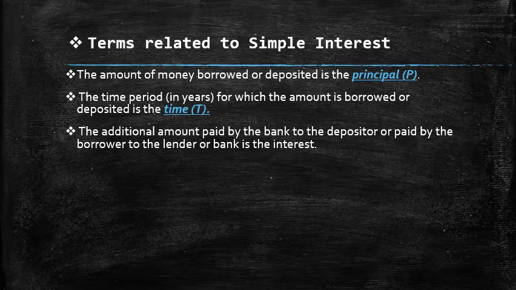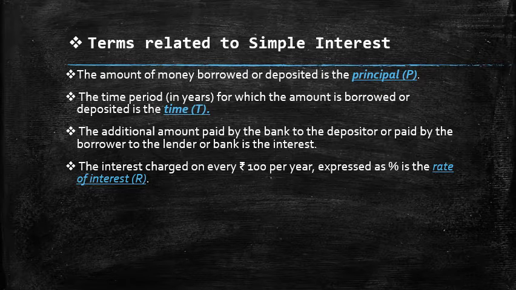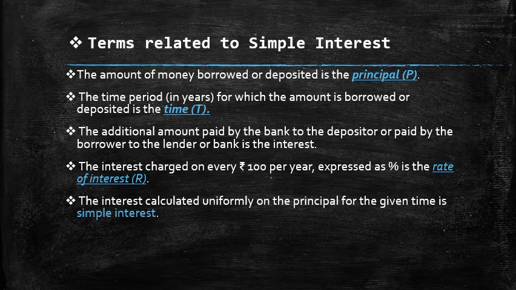The additional amount paid by the bank to the depositor, or paid by the borrower to the lender or bank, is the interest. The interest charged on every rupees 100 per year expressed as percentage is the rate of interest, which is denoted by the letter R. The interest calculated uniformly on the principal for the given time is simple interest.